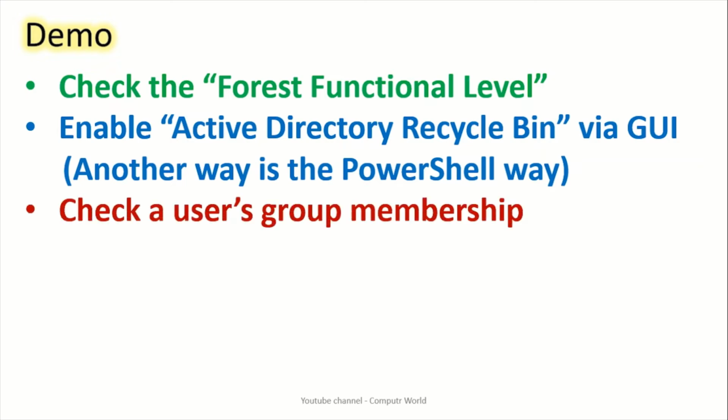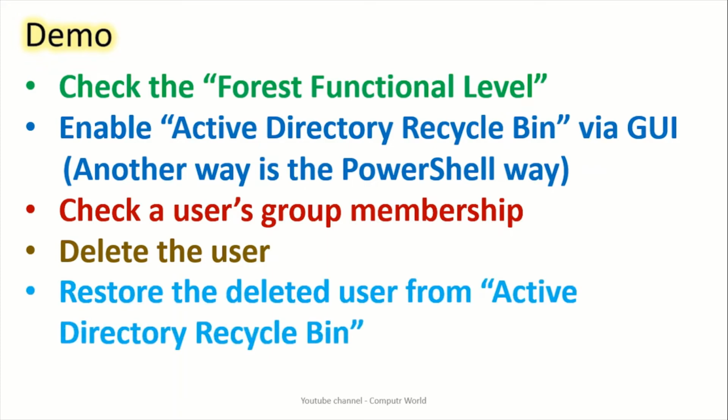Then before deleting a user, we'll check the user's group membership, and then we'll delete the user, and then we'll restore the deleted user from the recycle bin, and then we'll check the group membership again of the restored user.